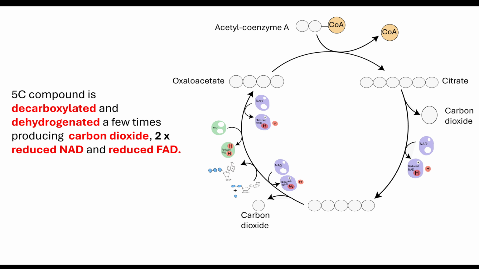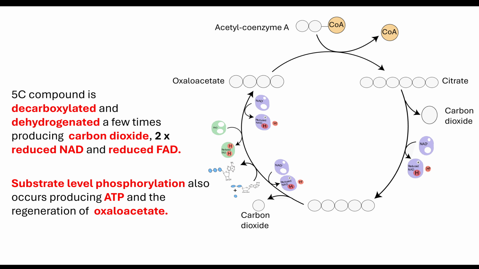But also what we have to note is that substrate level phosphorylation also occurs. Now, substrate level phosphorylation is the transfer of a phosphate from an intermediate molecule to produce ATP. So ATP is produced, and that is because we have this transfer of a phosphate from the molecule to the ADP to create ATP.